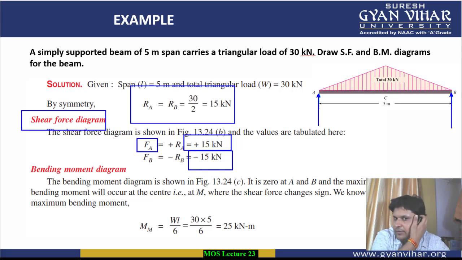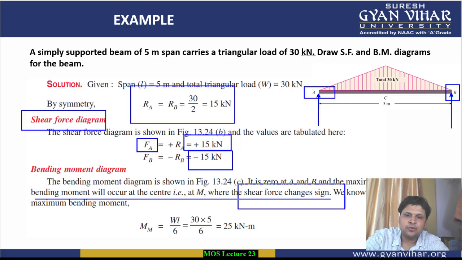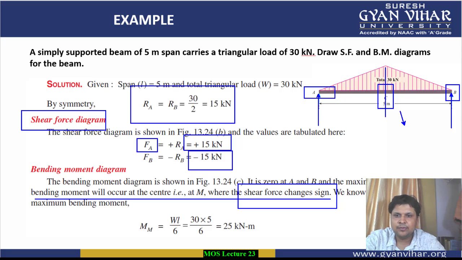So according to it, we have calculated the value of shear force at A and B. Now coming to the bending moment diagram, we all know that bending moment is 0 at the supports. So at A and B it will be 0, and it will be maximum where the shear force changes the sign. It is clearly visible that at this center point the shear force will change the sign. So you will have maximum bending moment at this particular location.